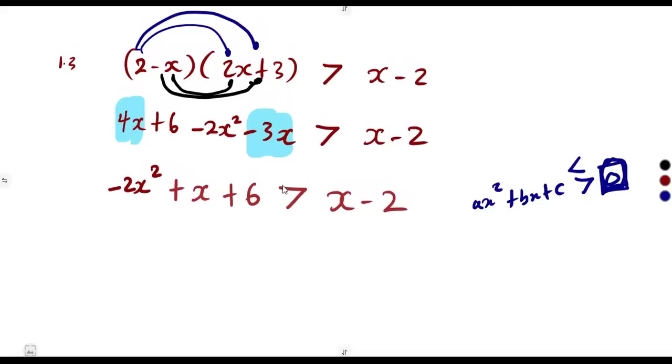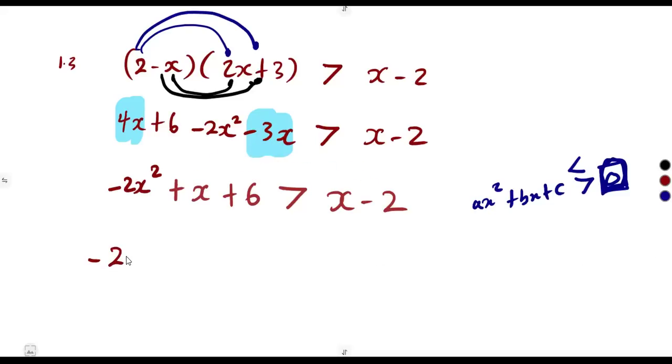But look here, this left-hand side is being compared to x minus 2, not to 0. So we have to get rid of this until we have a 0 here. What can we do? Take the x and the minus 2 to the other side. We have to transpose these to the other side of our inequality.